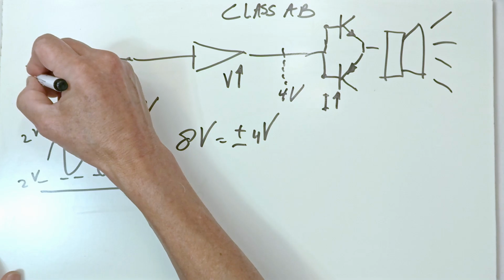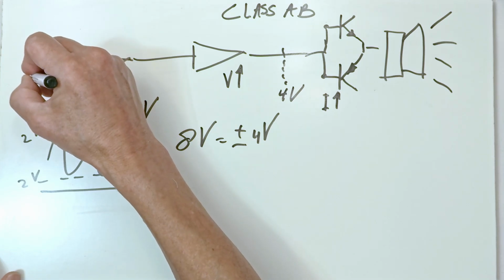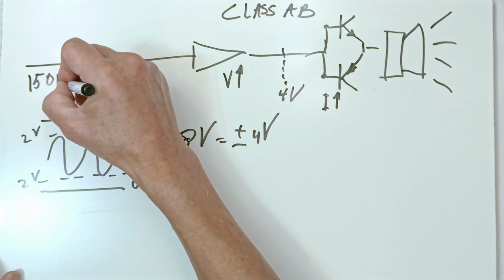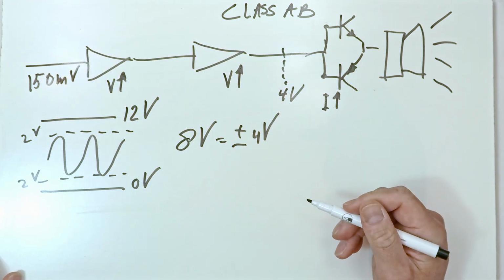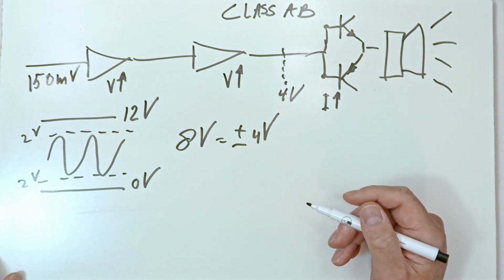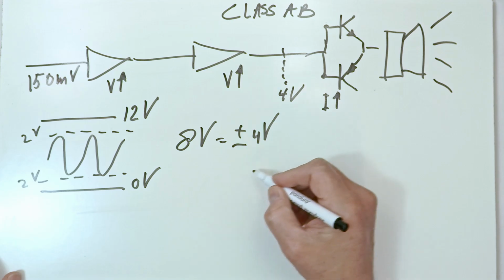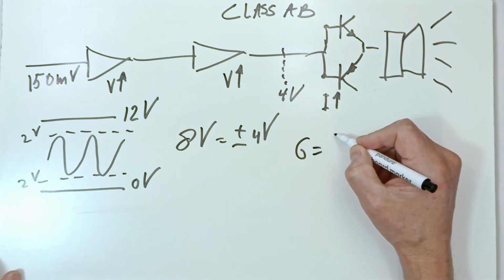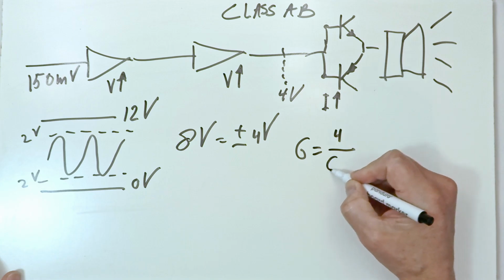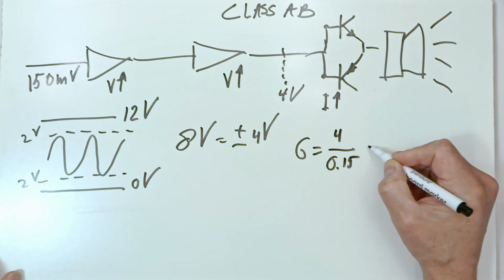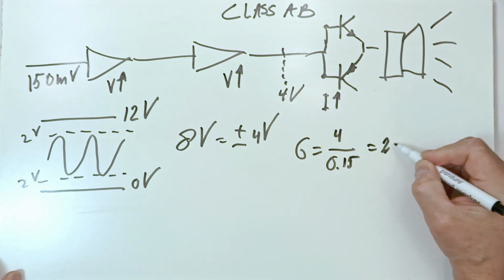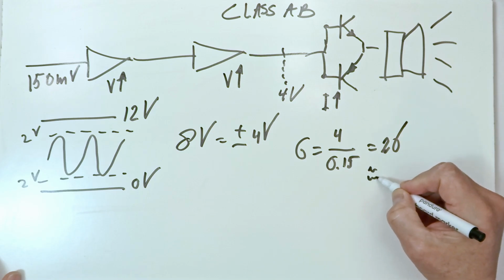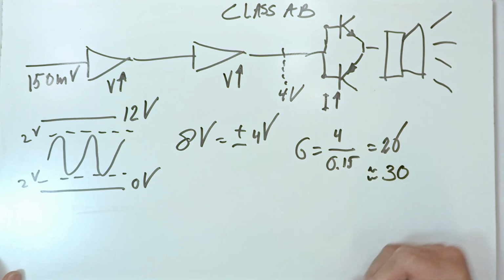Let's say we would like to amplify even low level signals as low as 150 millivolts and to amplify them to the full extent of what the amplifier is capable of. So that's a gain of 4 divided by 0.15 and that's a gain of 26. So let's round that up to a 30 to make calculations easier.